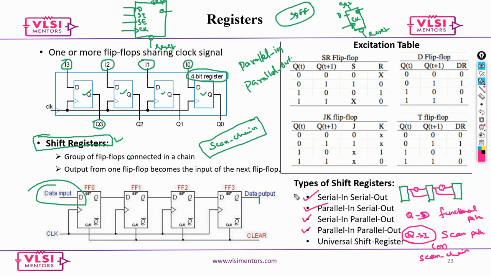So there are four different shift registers possible, and you also have universal shift registers, which can do any of this work based on the control. Any questions here? Shift registers.